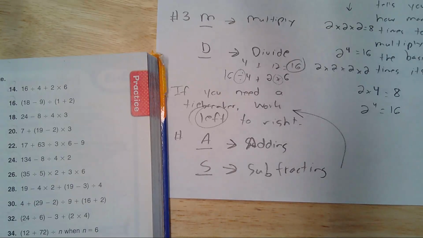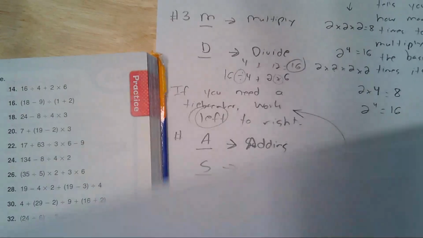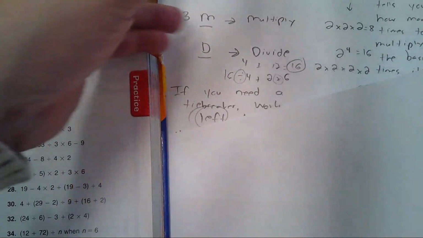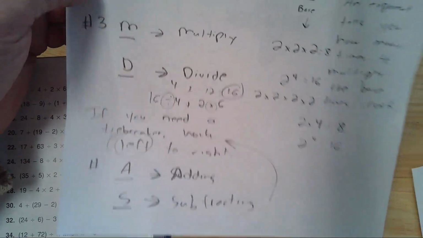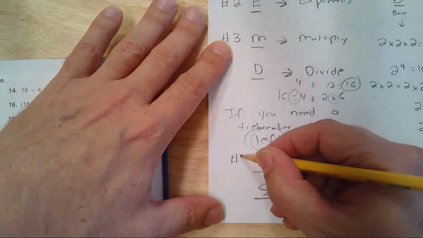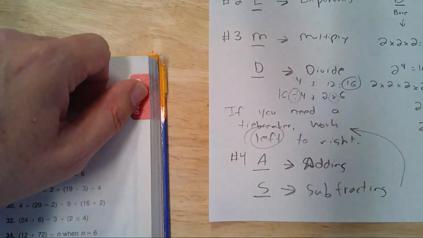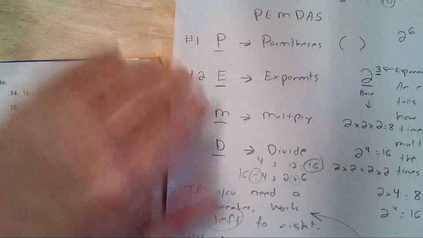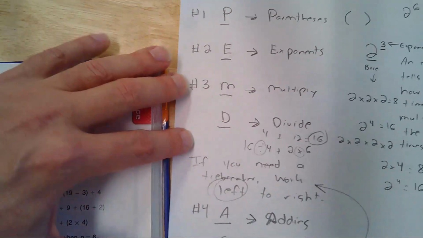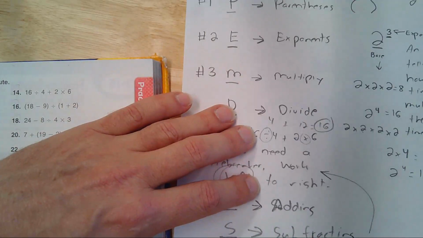So let's do a few together. I'm looking at page 122. Okay, 4 levels. I should write number 4 here. There we go. Level 4, adding or subtracting. So level 1, parentheses. Level 2, exponents. Level 3, multiplying or dividing.